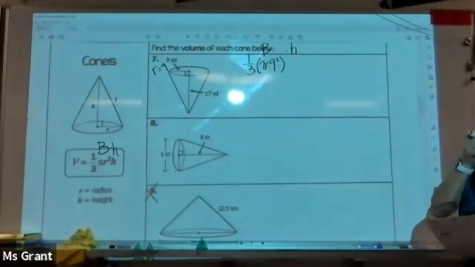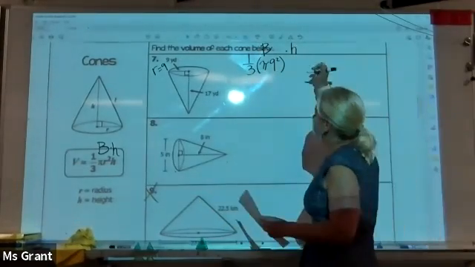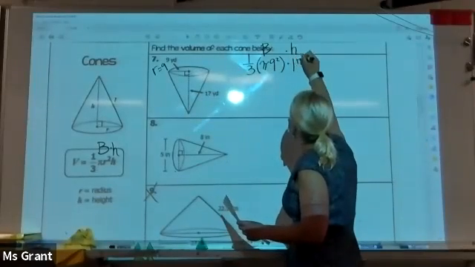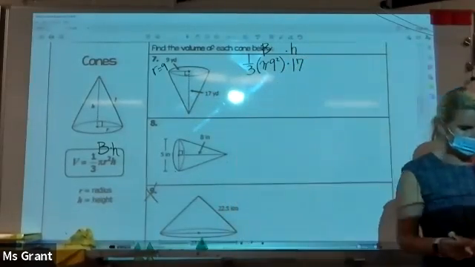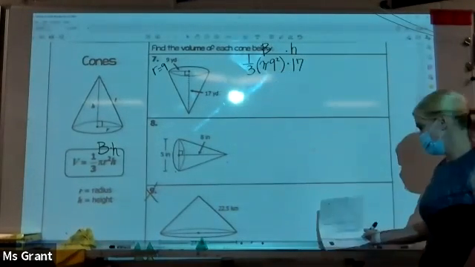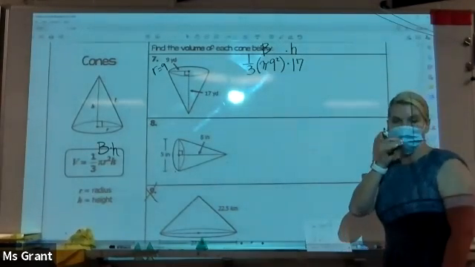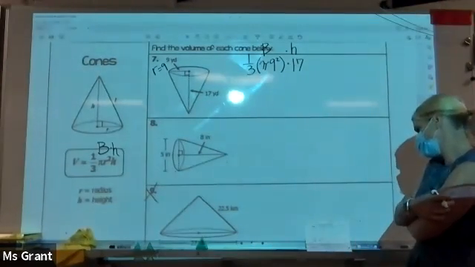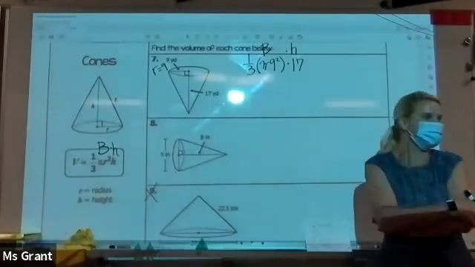Times how high my cone is, and my cone is 17 yards high. So I want you to use the pi button on your calculator, of course. And I do want us to round to the nearest hundredth.